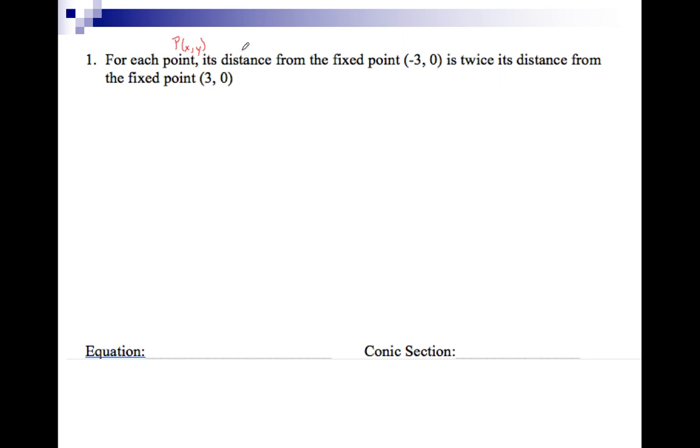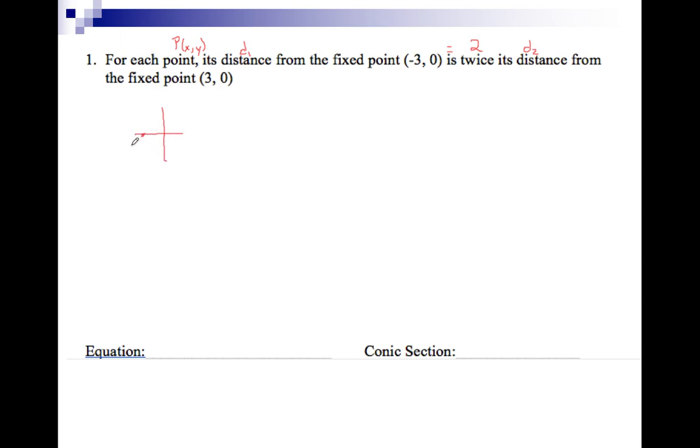Now remember, distance is Pythagoras. Let's call that d1. From a fixed point is twice its Pythagoras distance from another point. So the first thing I'm going to do is draw myself a little sketch.